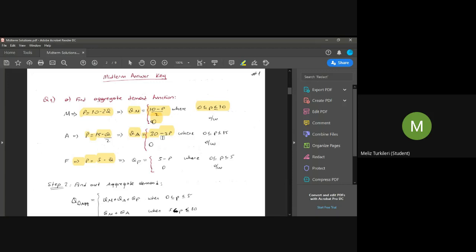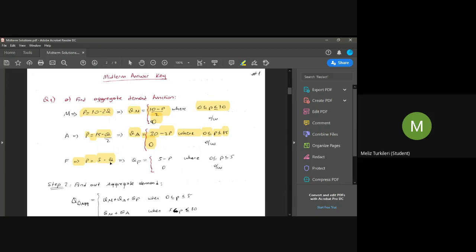And again, we need to check for the prices. If the price is higher than 15, then what happens? Demand will be negative, but we do not want this kind of thing. Therefore, when the price is higher than 15, demand should be 0 for the second consumer.